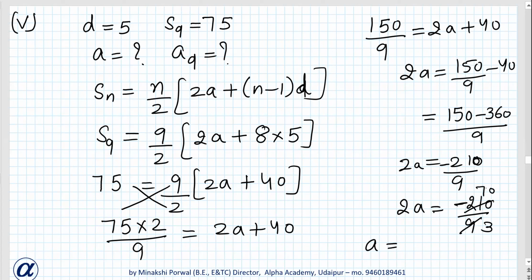So A will be equal to minus 70 upon 2 into 3, so it will be minus 35 upon 3. So A is minus 35 upon 3.